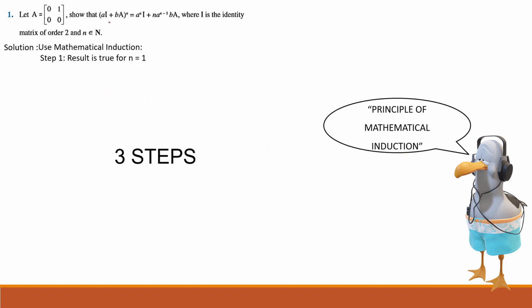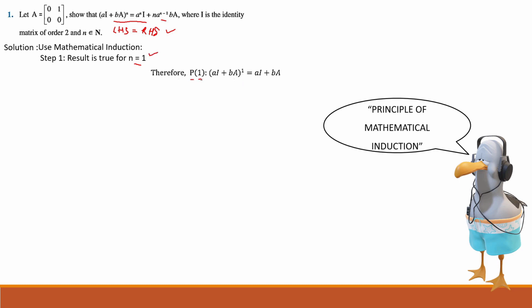In step 1, we will put the value of n equal to 1 in this whole equation and check whether LHS is equal to RHS or not. So let us take this whole equation as a function P(n) and substitute n equals 1. On the LHS, (aI + bA) raised to 1 is equal to a^1 I + 1 into a^(1-1), which is a^0, is 1, and bA.